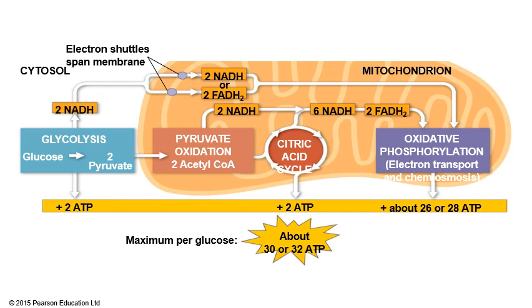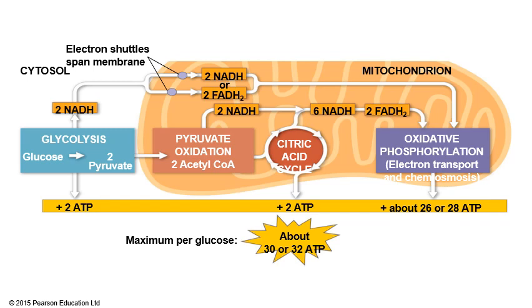Here is an overall summary of cellular respiration. It is composed of glycolysis, the citric acid cycle, and oxidative phosphorylation through the electron transport chain. Glycolysis produces 2 ATP by substrate level phosphorylation, and reduces 2 molecules of NADH.